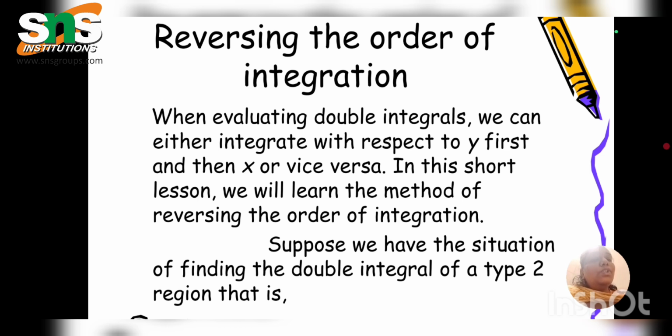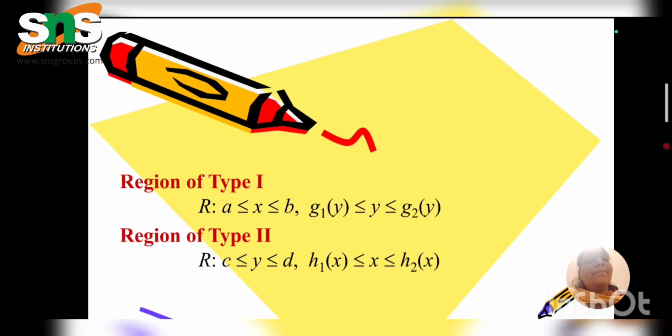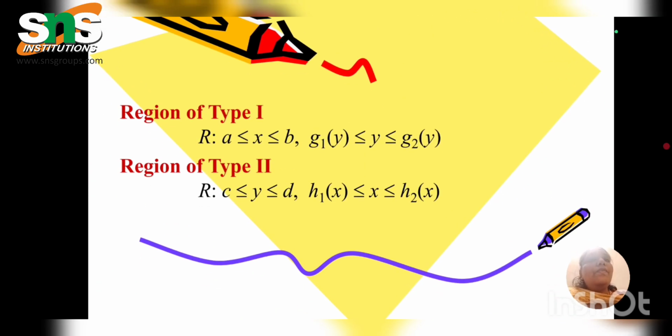Suppose we have the situation of finding the double integral over a region of type 1 or type 2. Here x is fixed in type 1 and y is fixed in type 2. So x varies from a to b, and then y varies from g1 of x to g2 of x. Sorry, here it is written as y, but it's x.